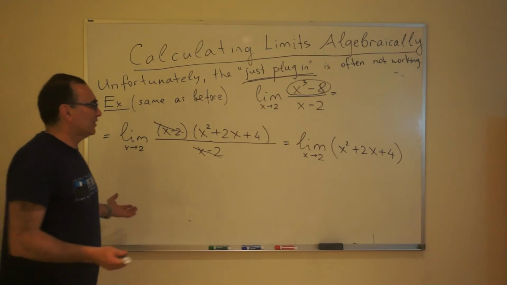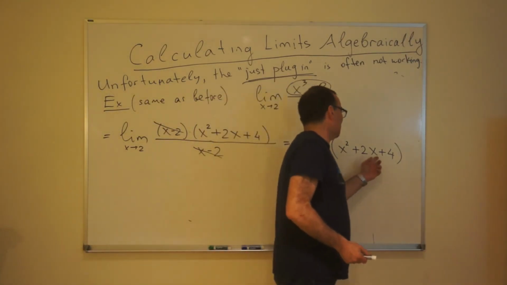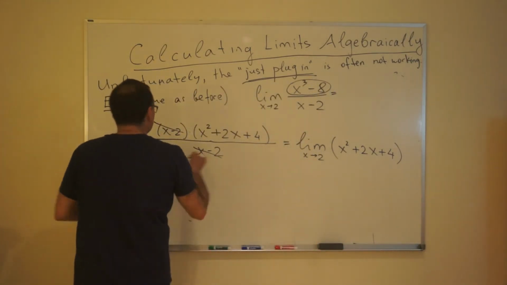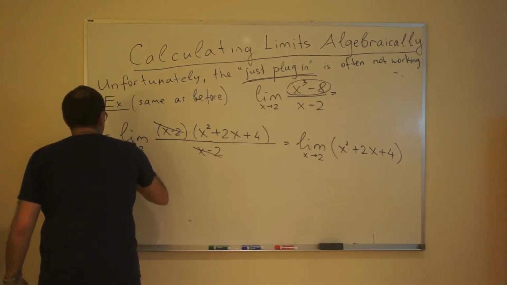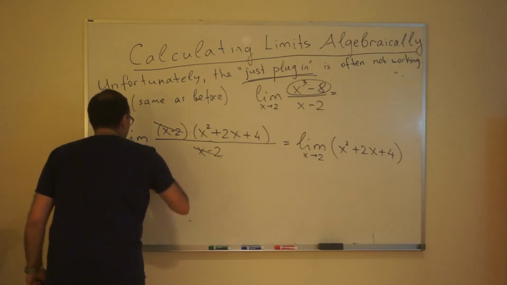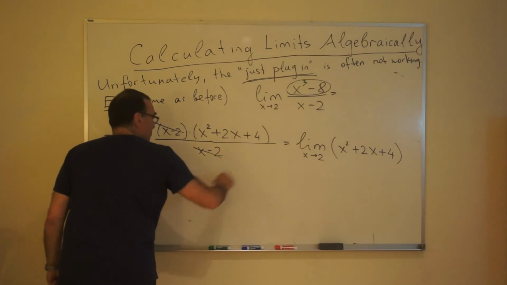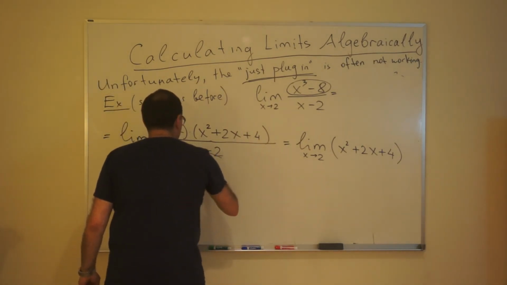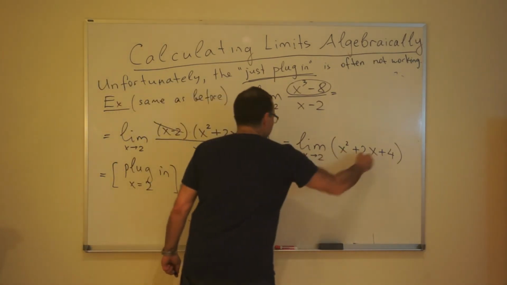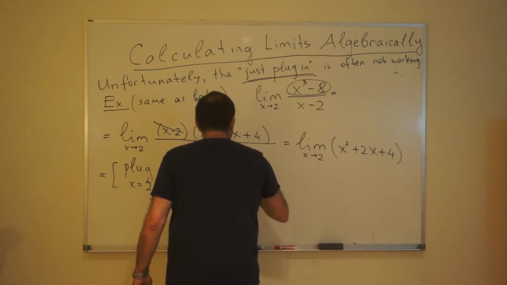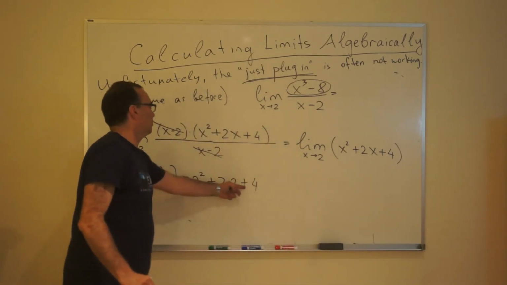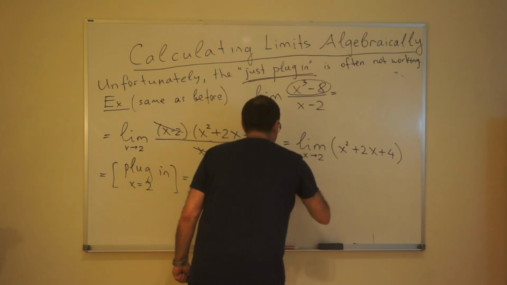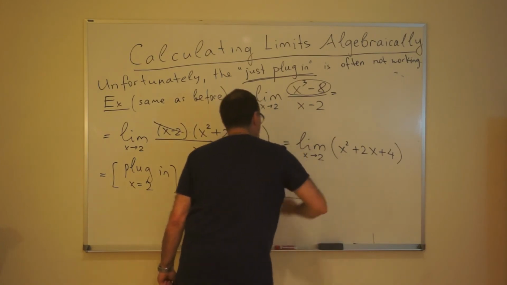And there are no other bad things that may occur. So we just plug in x equal 2 in this formula, and we get 2 squared plus 2 times 2 plus 4. So it's 4 plus 4 plus 4, and the answer is 12. And this is the answer for the limit.